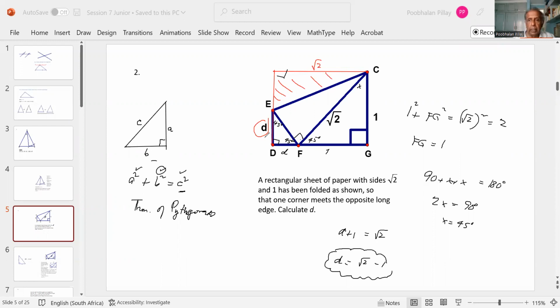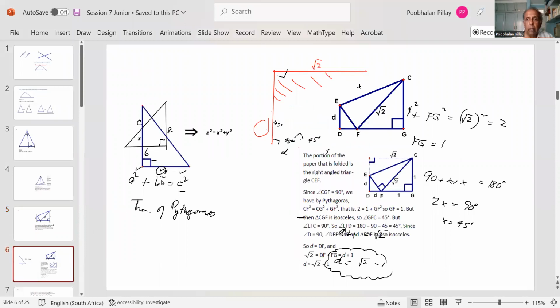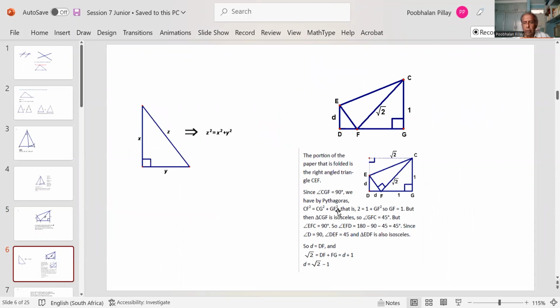That solves the problem because we were asked to calculate D. And here is the promised proof. So you can see I've written the whole thing out in detail, and eventually you get D equal to square root of 2 minus 1.